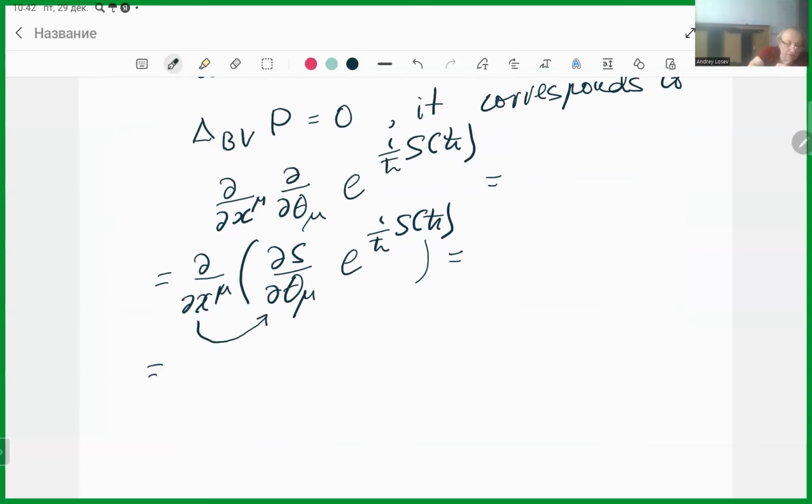When I differentiate here, I get delta S. Sorry, I forgot 1 over H. Plus, I will have a derivative when I differentiate here.